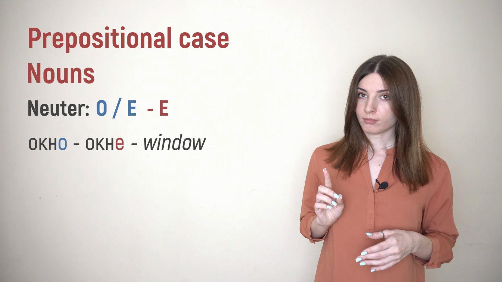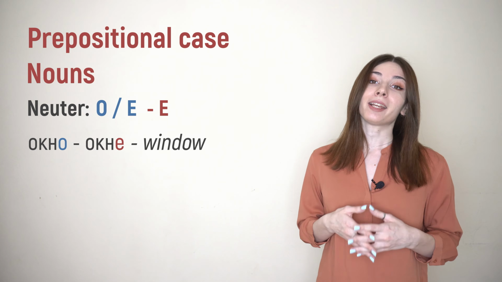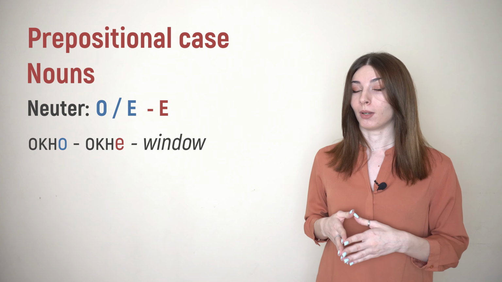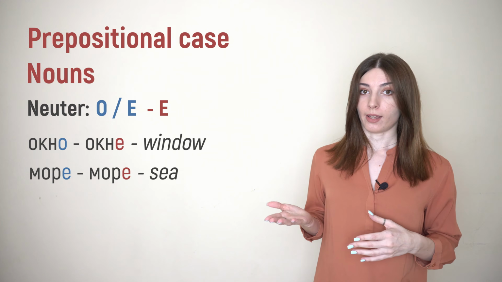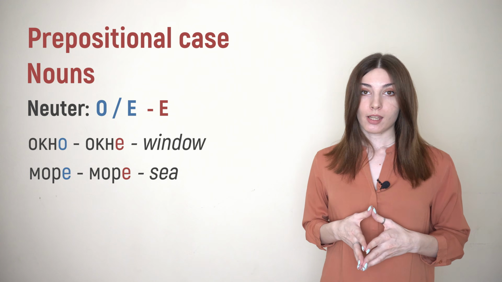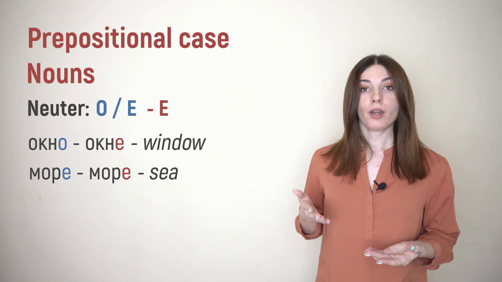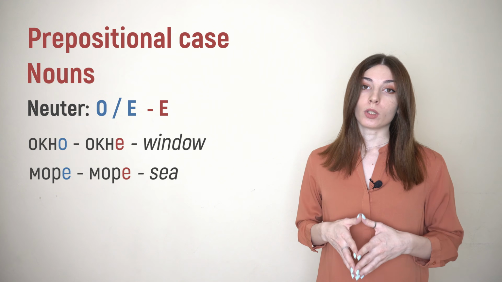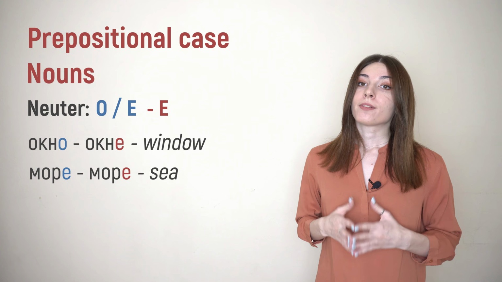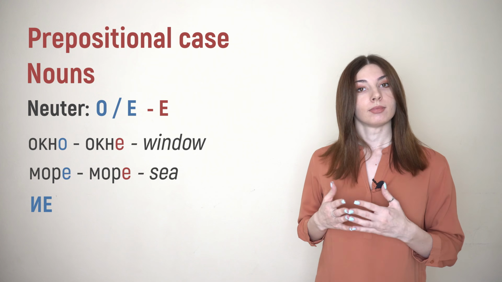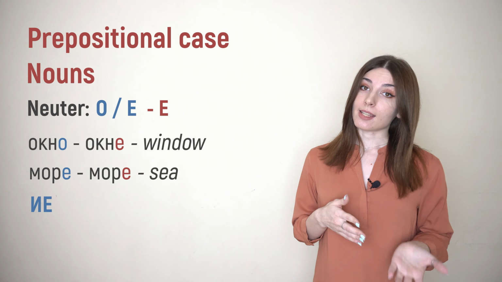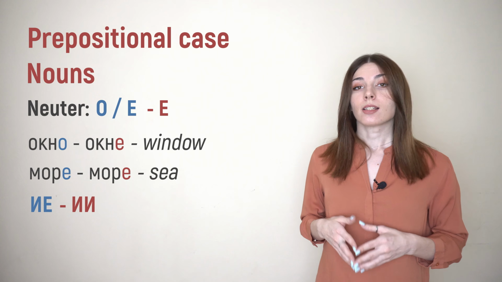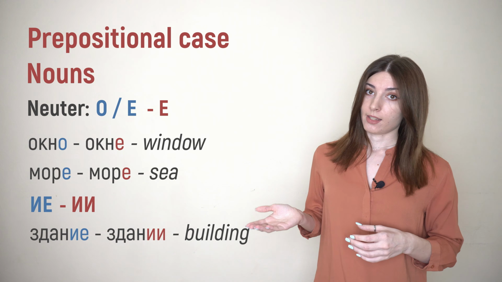If it's «е», the question is what to do, and the answer is nothing, because we will just keep the word in the same form, like we have the word море. In the prepositional case, it'll look the same. Море, море. And again, some neuter words have «ие» at the end. Same logic, we will replace «ие» with «ии». So like this, здание, здании.